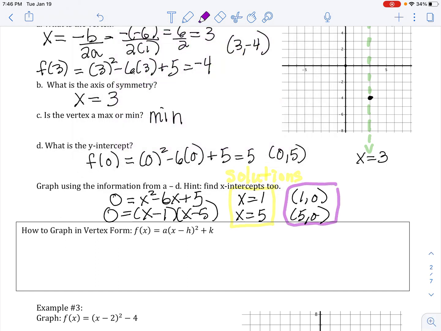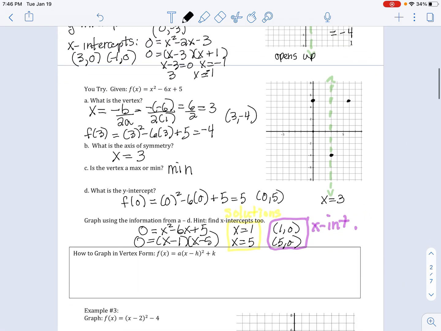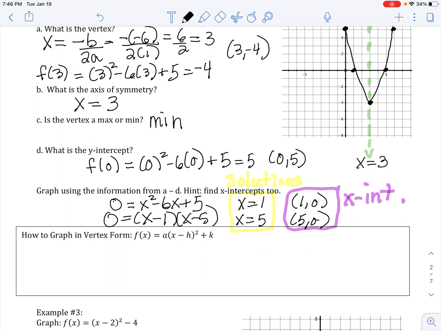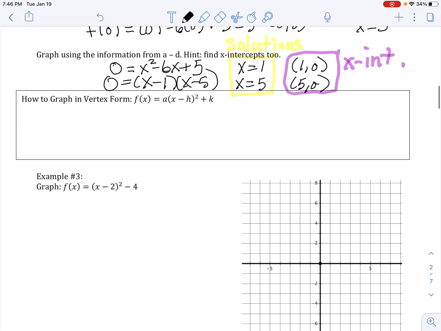And these are the x-intercepts. Please note the difference in the way they are displayed. So (1, 0) and (5, 0). And so now we have 5 points, which allows us to graph the parabola. And that is graphing a quadratic in standard form.